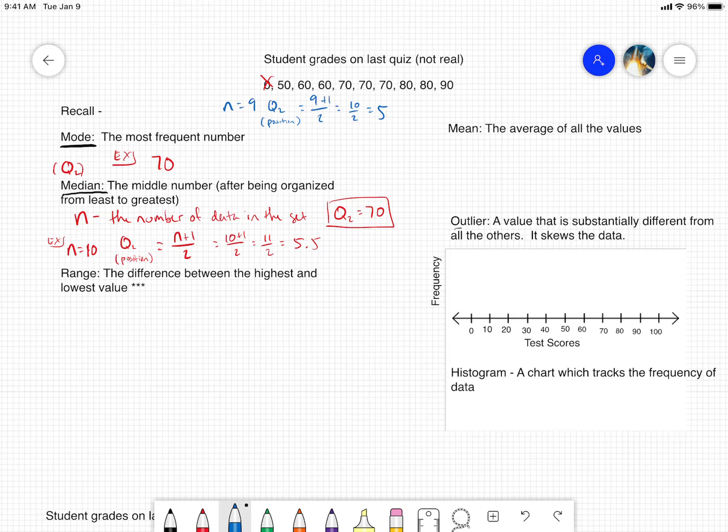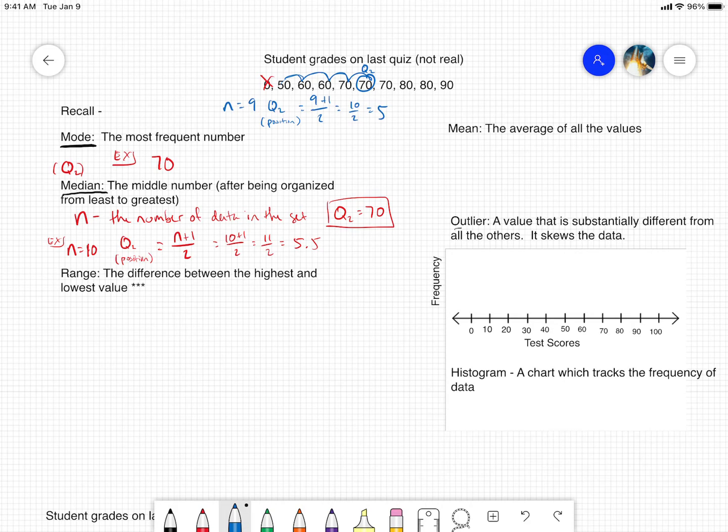So if I count 1, 2, 3, 4, sorry, I counted wrong. 1, 2, 3, 4, 5, that would be my Q2, my 5th point.